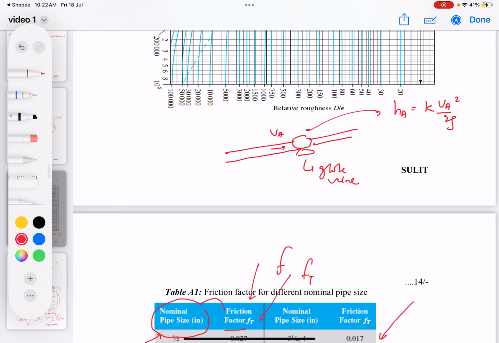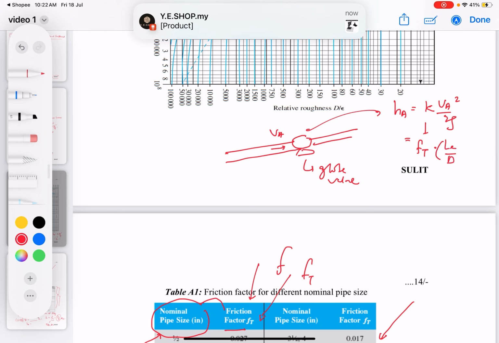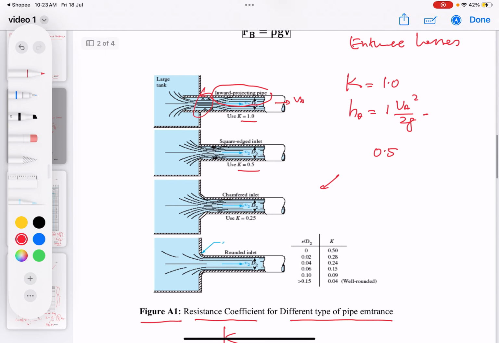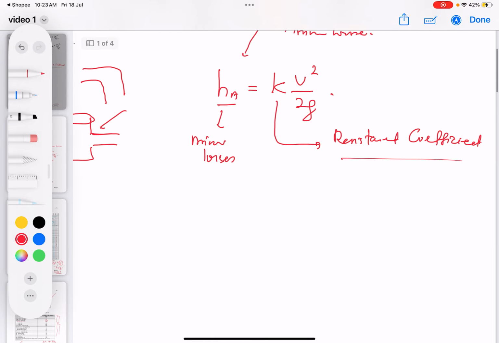For the globe valve, K equals FT multiplied by LE over D. For the globe valve fully open, LE over D was 8, and FT for 2 inch is 0.023. So this is my value of K, and then I simply multiply with the VA squared over 2G, and I get the minor losses. So this is what chapter 6 is all about.